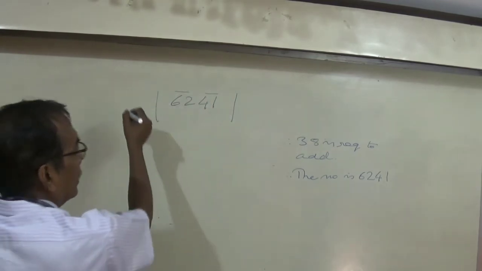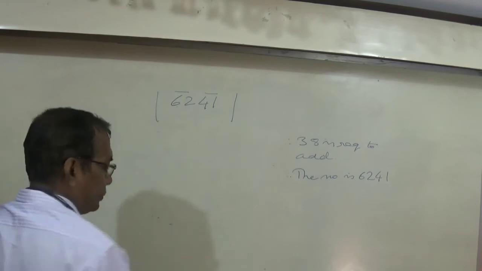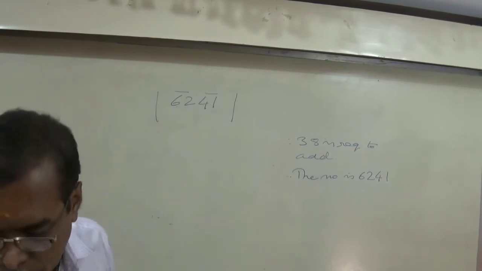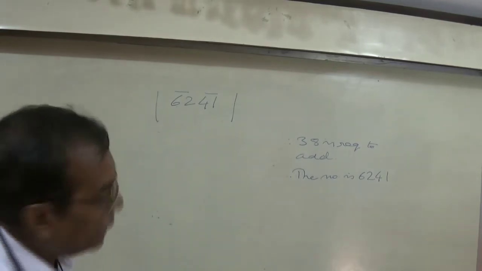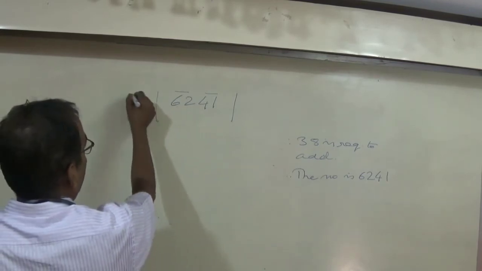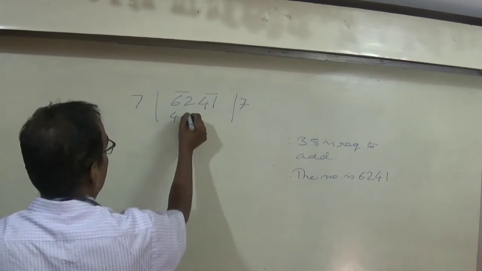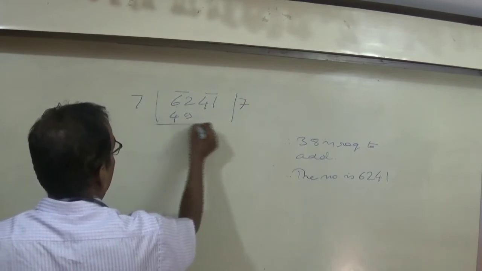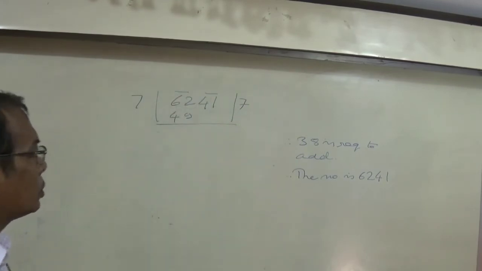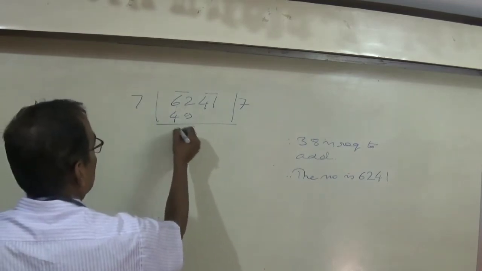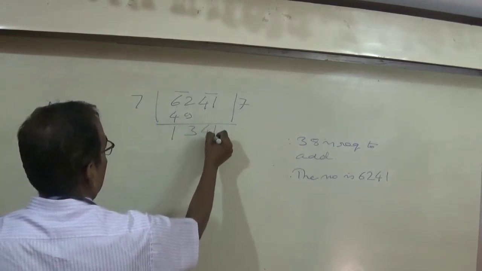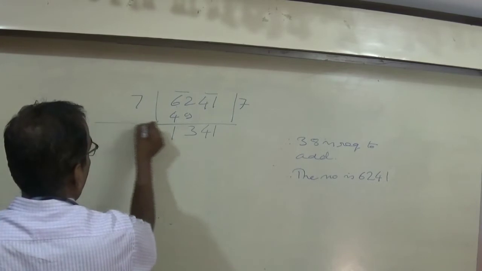7 sevens are 49, because 8 is 64. 41 has come here. Now 7 you have to add with it.